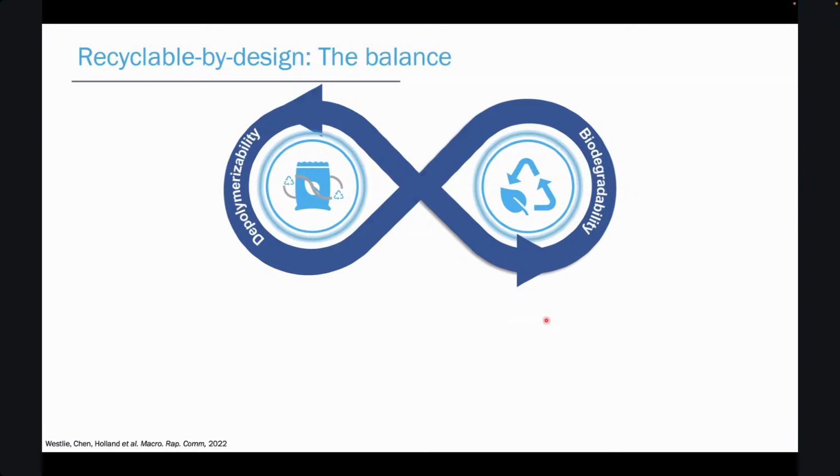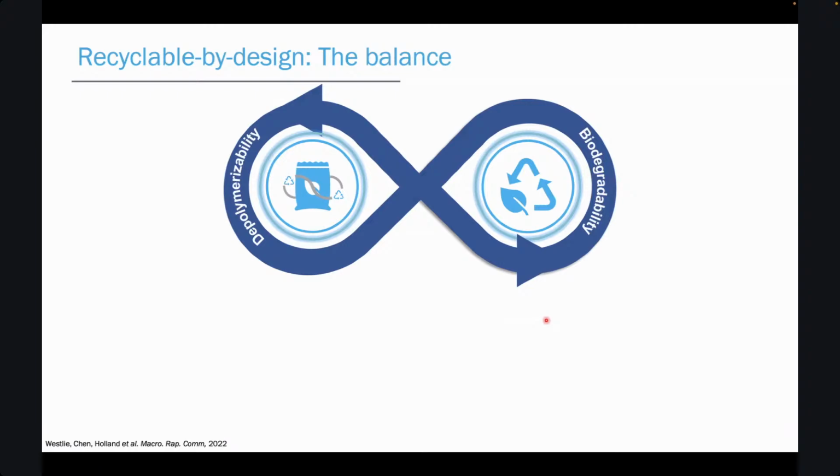And the first part is what we're referring to as depolymerizability. So we're moving a bit away from mechanical recycling, and that's not because it doesn't have an incredibly important role. Mechanical recycling needs to continue, but it does have a significant limit in terms of true carbon circularity.